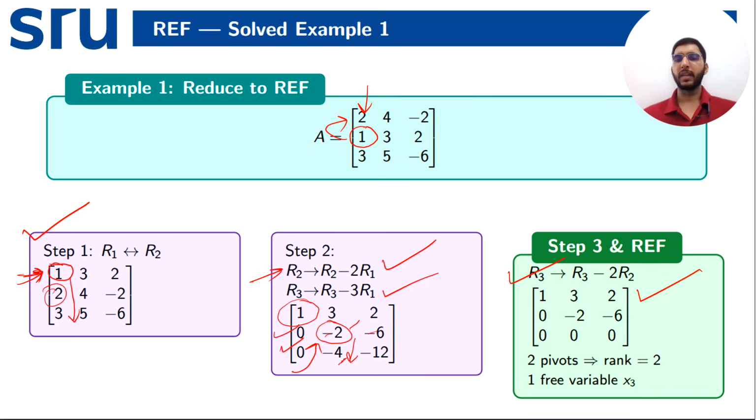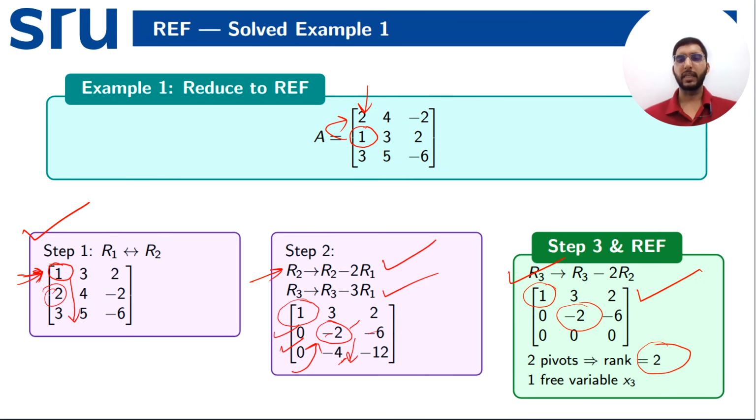Here two pivots are there, that is 1 and minus 2. So the rank will be equal to 2 here. The concept of rank will be discussed in a separate video. For now, just understand that the number of pivot entries is the rank of the matrix.